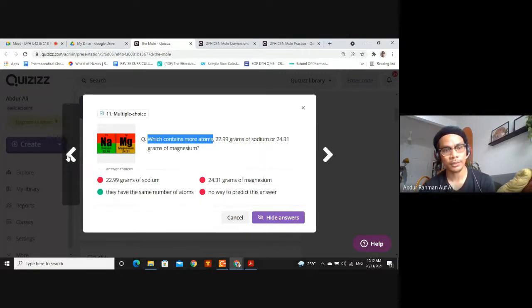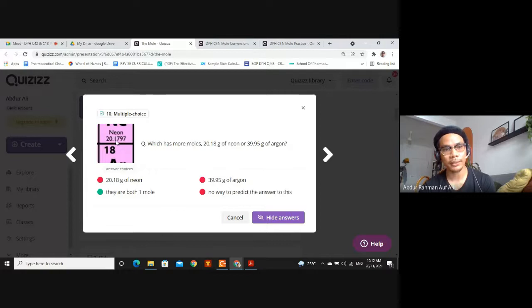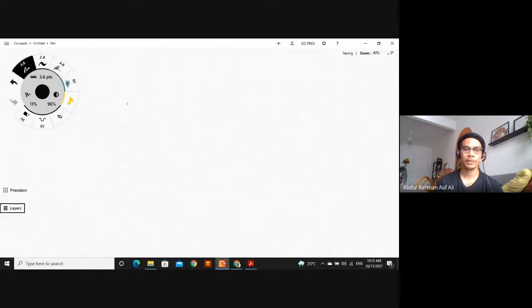If you notice, kalau ditanya bilangan mole, kalau berat dia diambil from periodic table, jawapannya adalah they are both 1 mole. Bilangan mole. So macam mana nak cari bilangan atom?